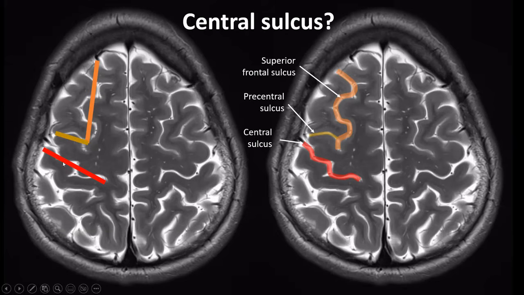So let's try to recognize the remaining sulci and the different gyri in the axial plane. The superior frontal sulcus separates the superior frontal gyrus from the middle frontal gyrus. So by knowing that this is the superior frontal sulcus, we have identified the superior and middle frontal gyri.